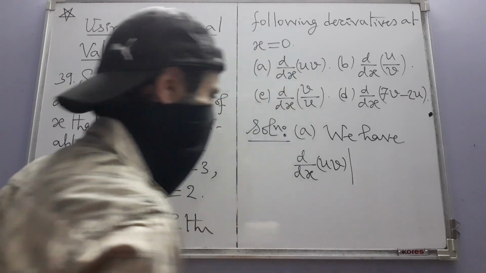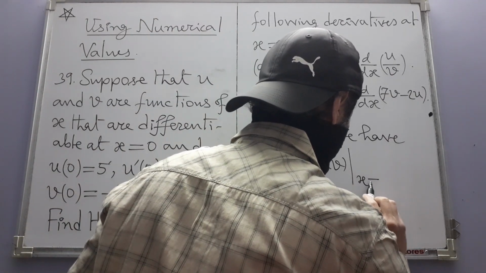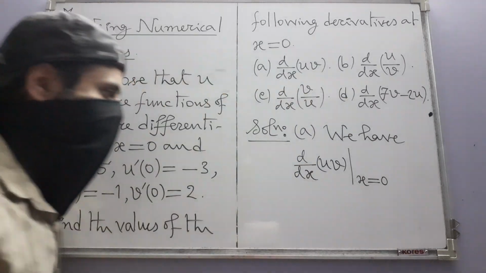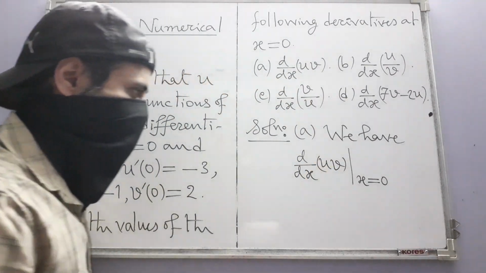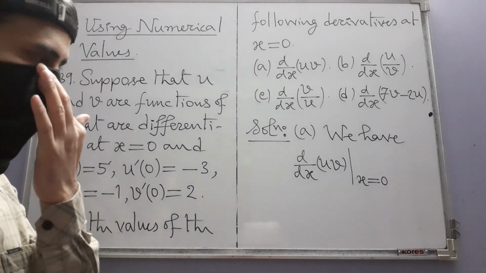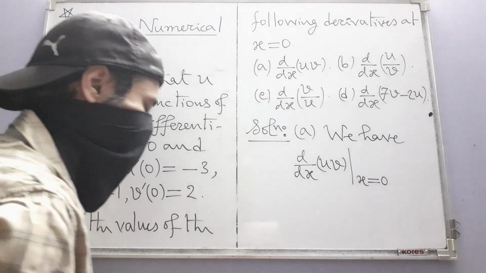Put a vertical bar here and below that, to the right of it, write x equal to 0. And this bar will continue until you substitute x equal to 0.